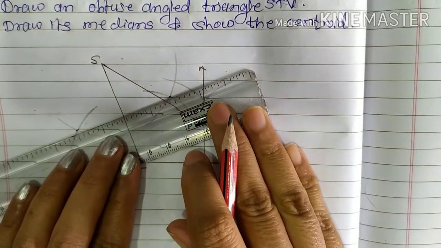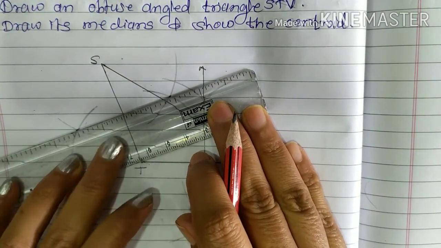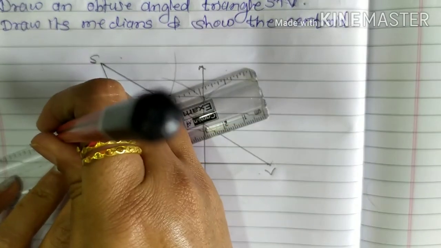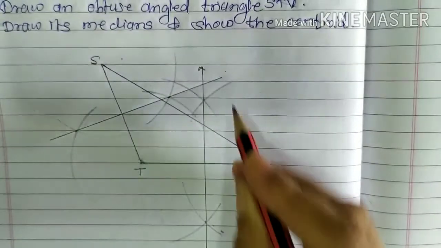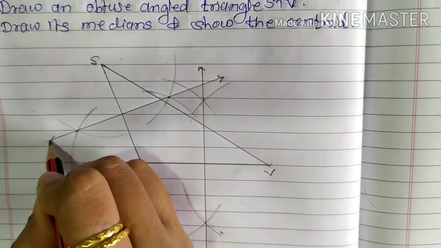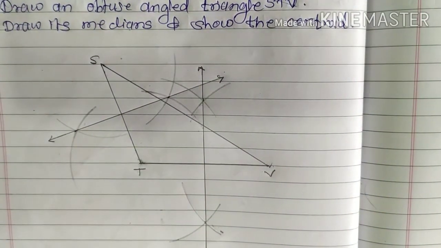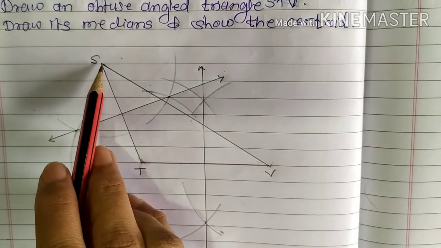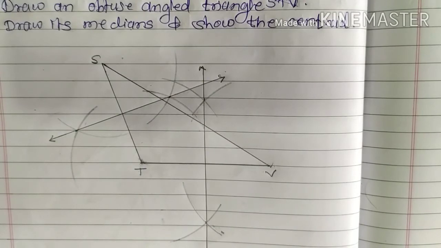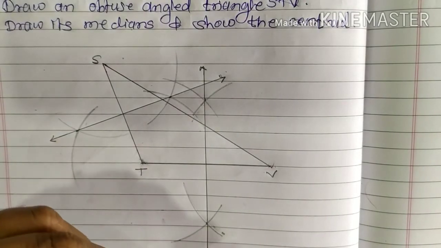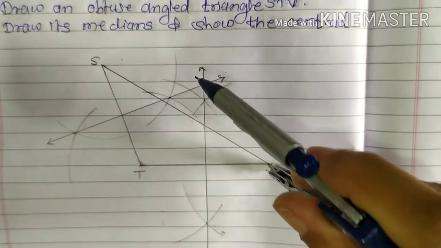Here we get the midpoint of side ST. Then the third segment, that is SV. Hence bisect the segment SV.